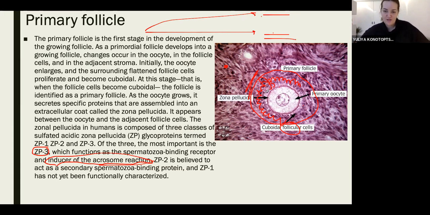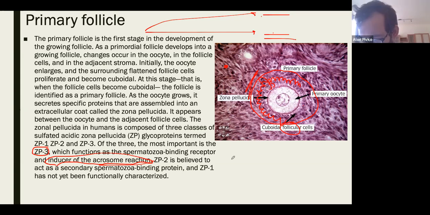But remember that granulosa cells are stratified cuboidal follicular cells, so at the end of the day they're still follicular cells. A more technically appropriate term is granulosa cell.